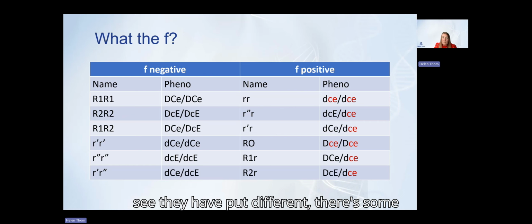So you can see there are some other positive combinations there. Any patient where the gene has the little c and the little e on the same side is F positive.